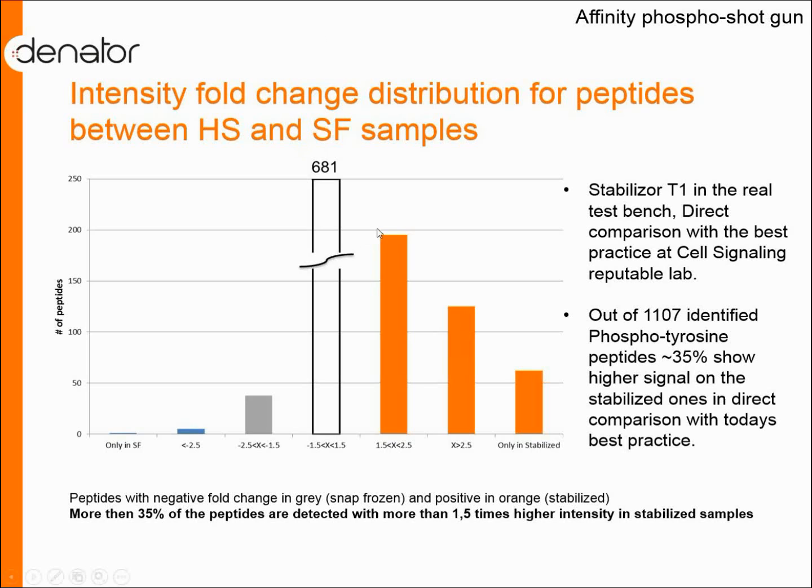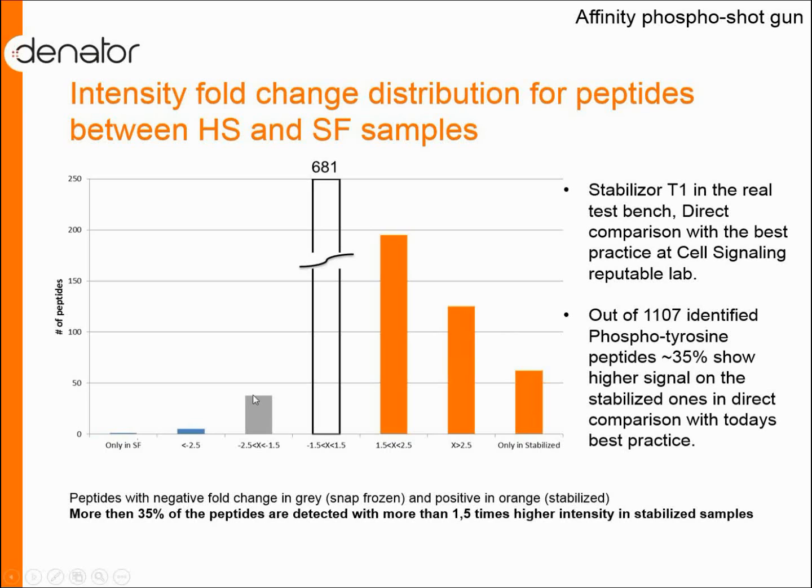Whereas roughly 1/3 show at least 50% higher intensity in the heat-stabilized samples, and there are some 60 or so peptides that can only be identified in the stabilized samples, whereas there's one that was only identified in the snap frozen.